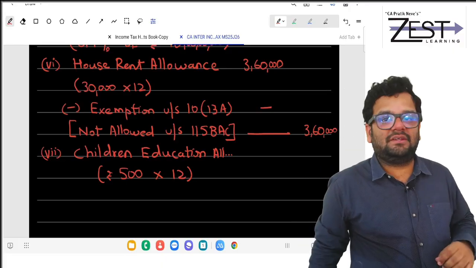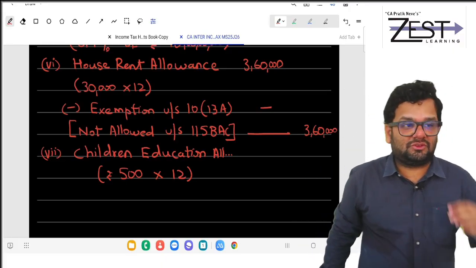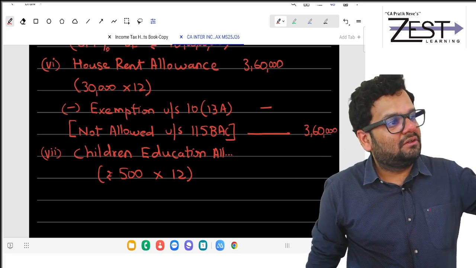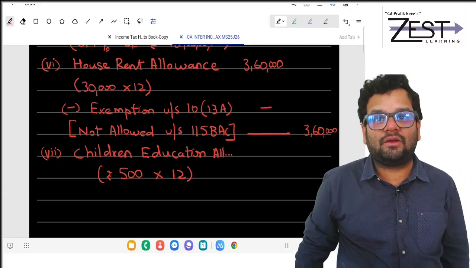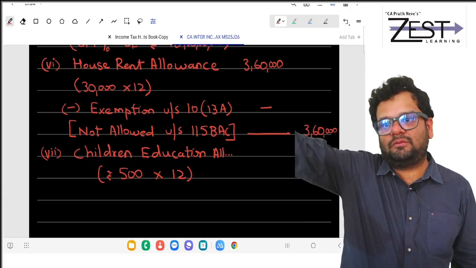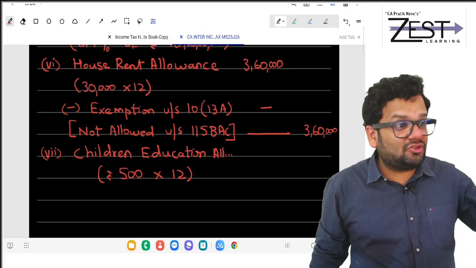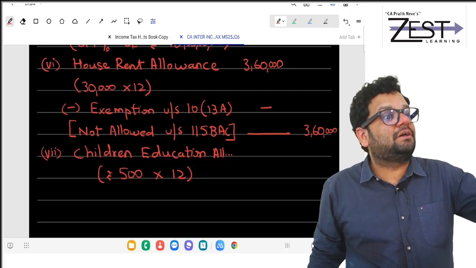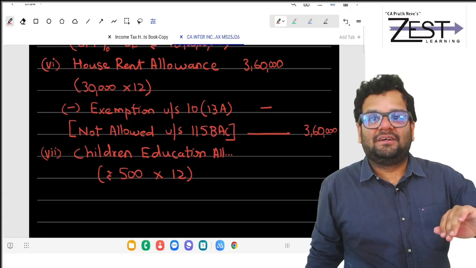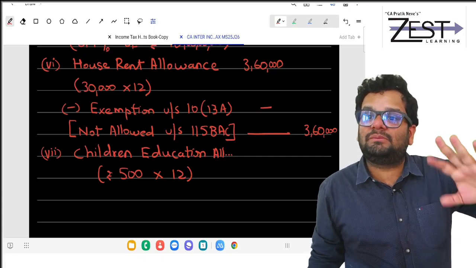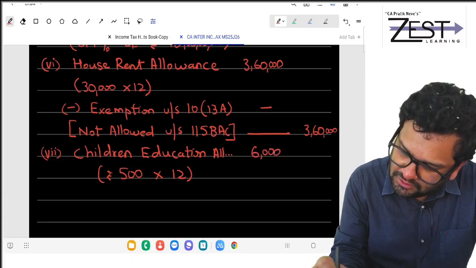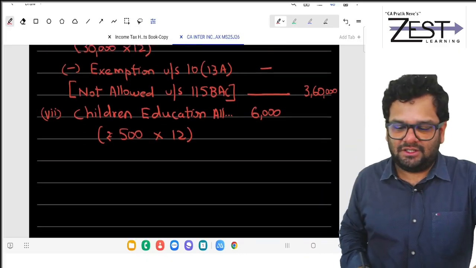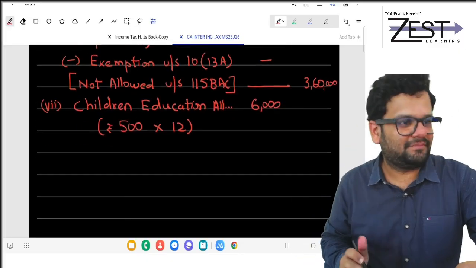She has 2 children, so she would take exemption for 100 into 2 into 12 when she is out of 115 BAC. But it is not said that she is getting 500 per month per child. It is just said 500 per month. So she must be getting 6,000. So it's the company's policy to give 500 per month.